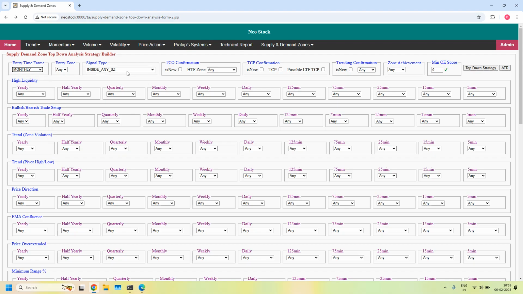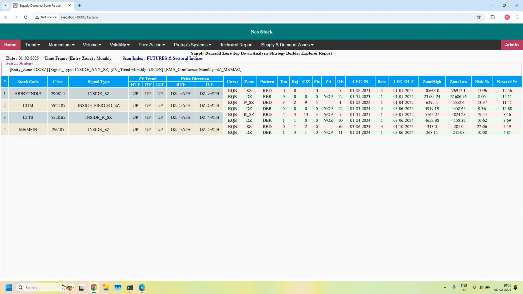Monthly time frame, price closed inside monthly supply zone, I am setting EMA confluence on the monthly time frame as monthly supply zone having monthly EMA confluence, and the trend on the monthly time frame is up or down. With these filters, we got 4 stocks. So this is about monthly time frame.